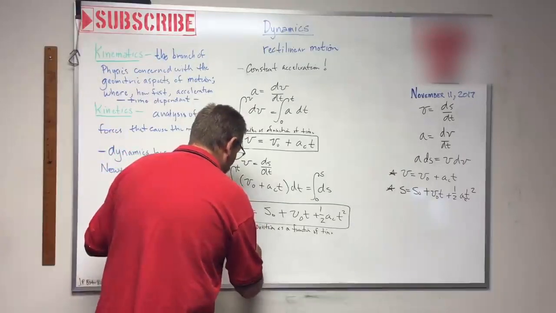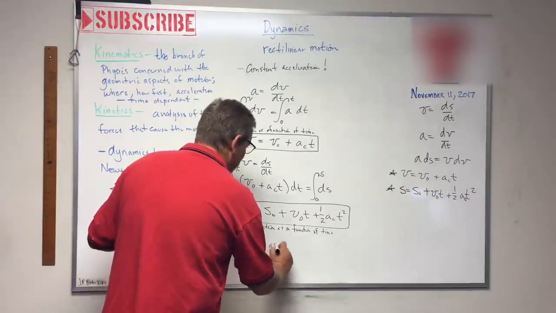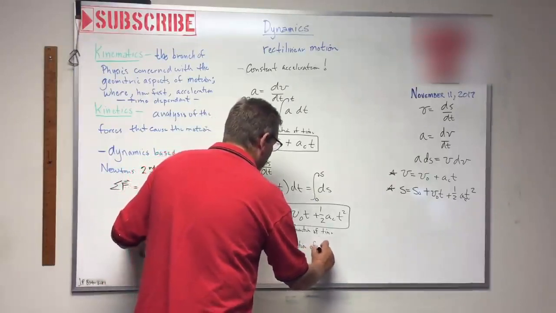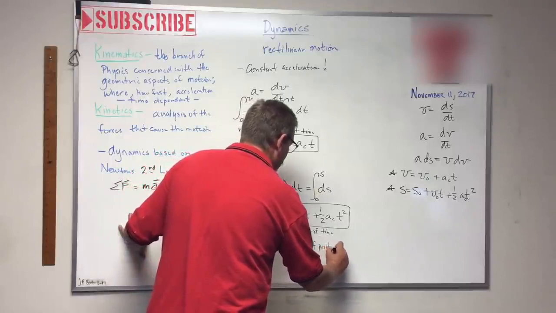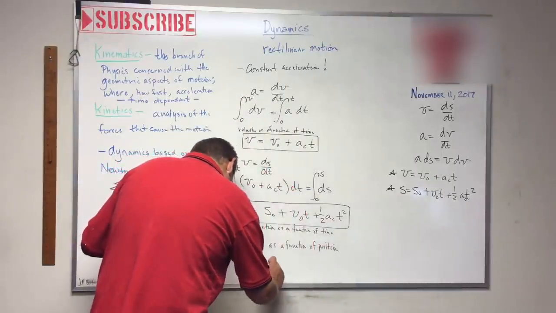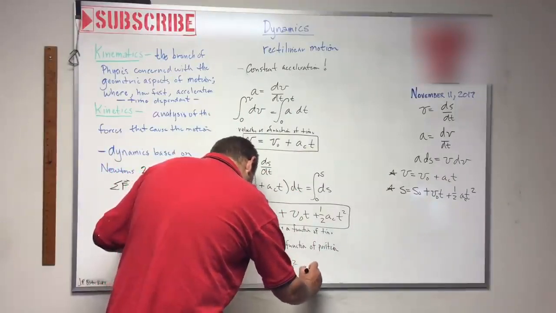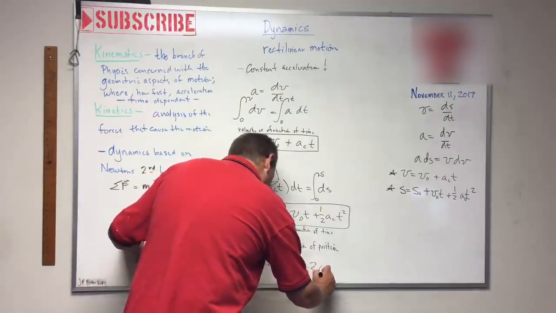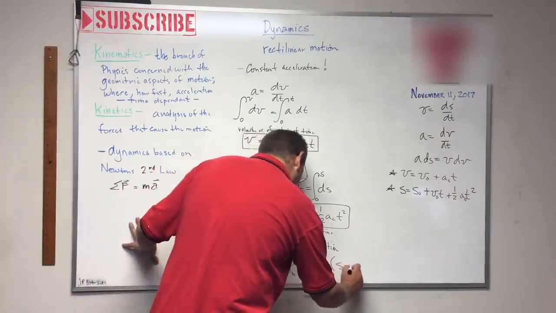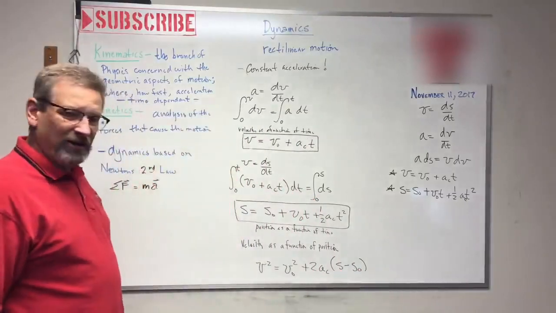So the last one is velocity as a function of position. And that equation goes like this. v squared equals v naught squared plus 2a, constant acceleration, times s minus s naught. Okay? So there's our last equation.